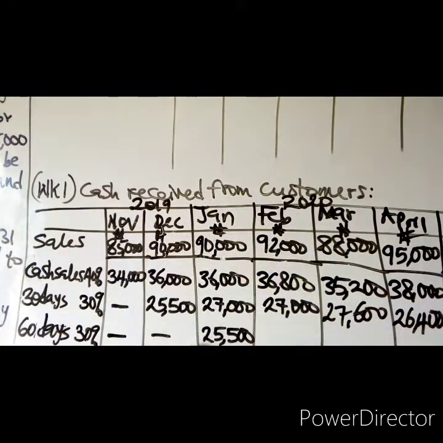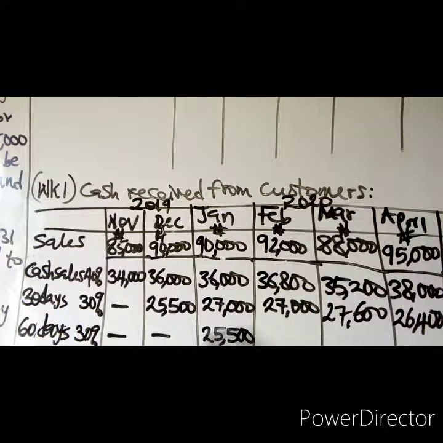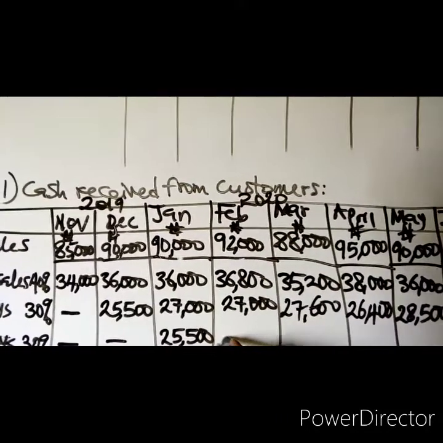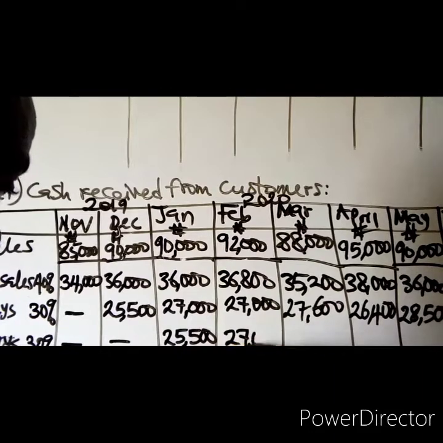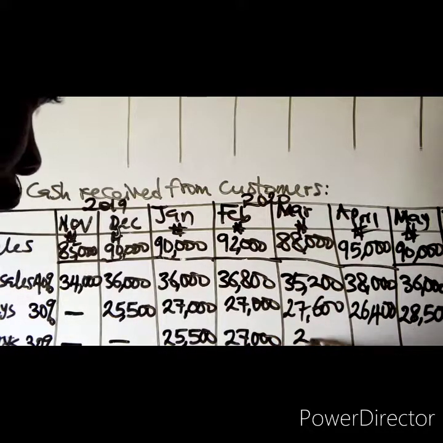The 60 days after December will be, you have January, which is 30 days, February is another, making 2 months after. So that means the 30% of December 2019 sales will be received in February 2020, and that is 27,000. Then the sales that was made in January 2020, 60 days time now will be March. That means the 30% of that will be received in March 2020.